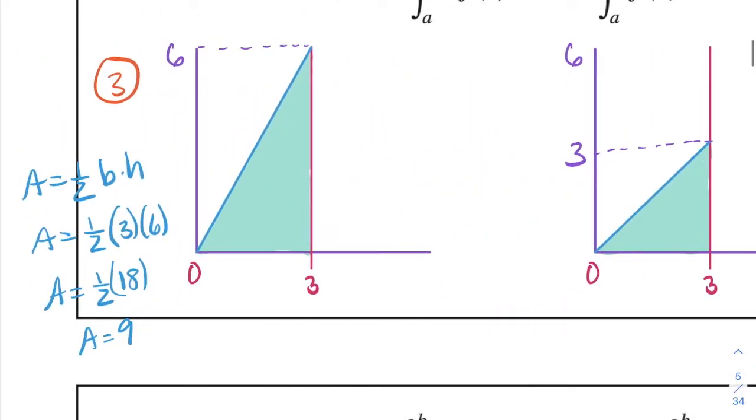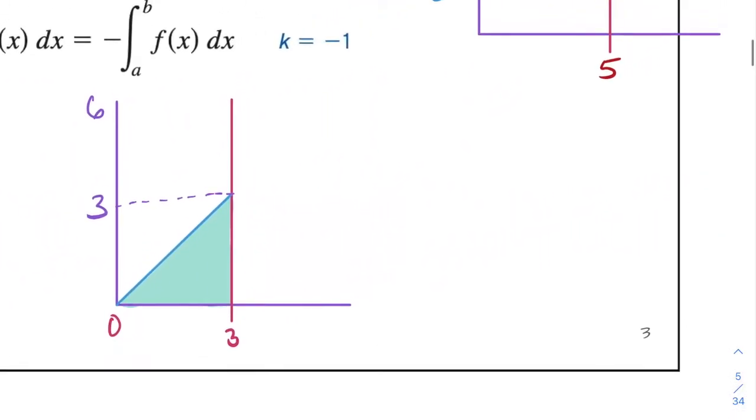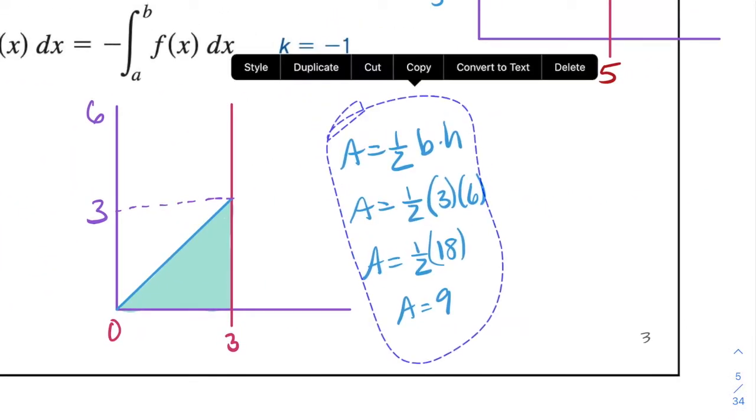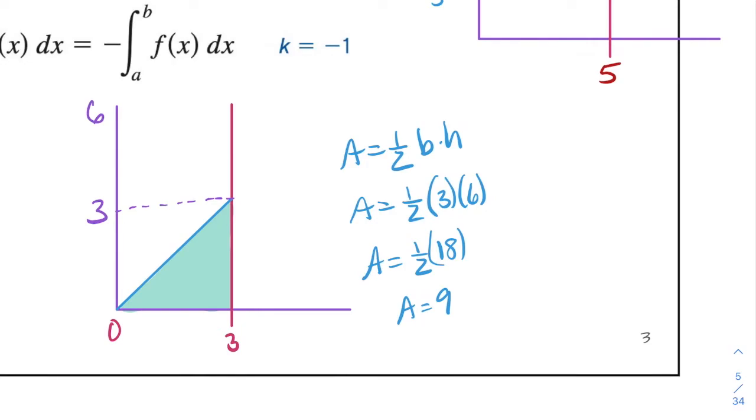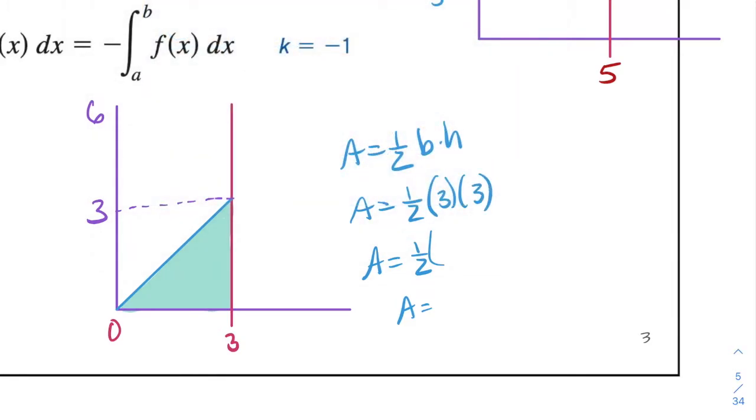So the area of this one is not as high as 6, but it's actually as high as 3. But don't forget, whatever I do to this, so we get 9, we get 4.5.